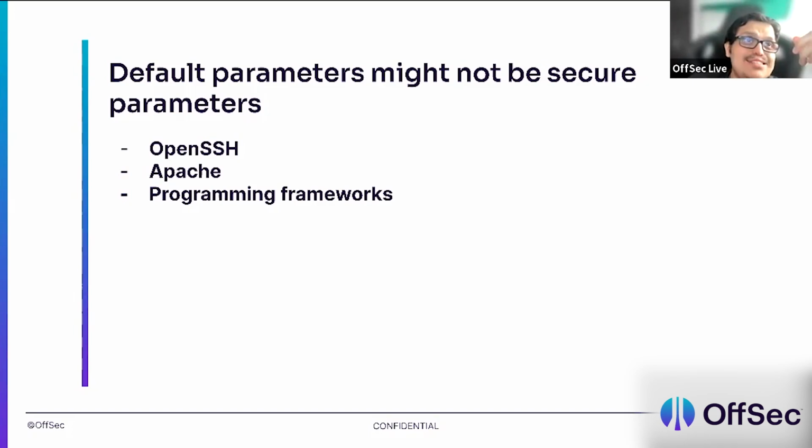Now, we talked about OpenSSH with the case of being able to log in as root, or being able to log in with the password instead of a private key. But there are also other default configurations that are dangerous in some scenarios. For instance, Apache. In some default configurations of Apache, you have directory listings enabled.